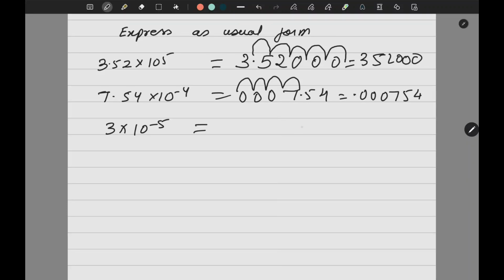Now look at this one. 3 is there. So what will I do? 1, 2, 3, 4, 5. 0, 0, 0, 0. So this will be 0.00003. So this will be my answer. This is how I convert usual form to the standard form and standard form to the usual form.